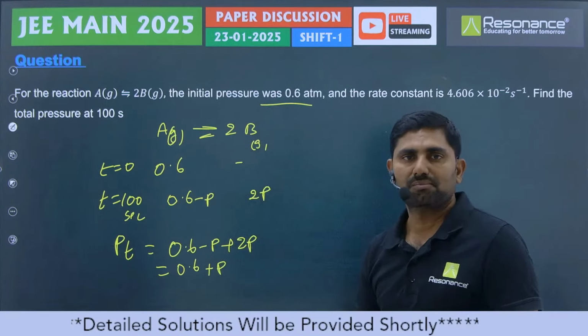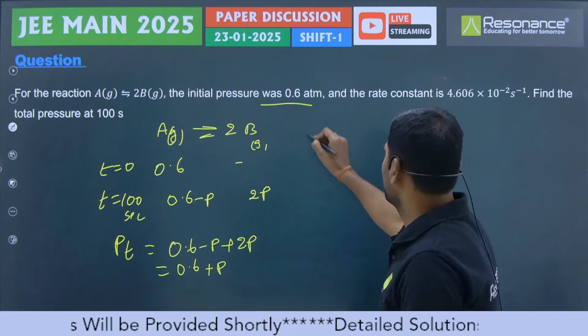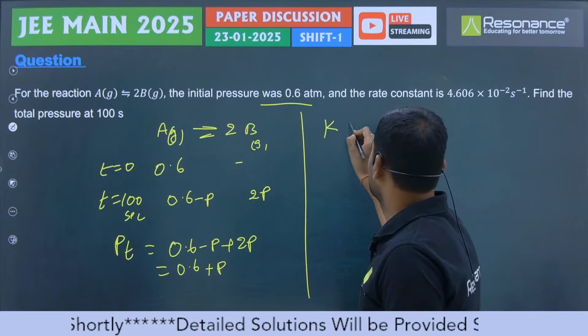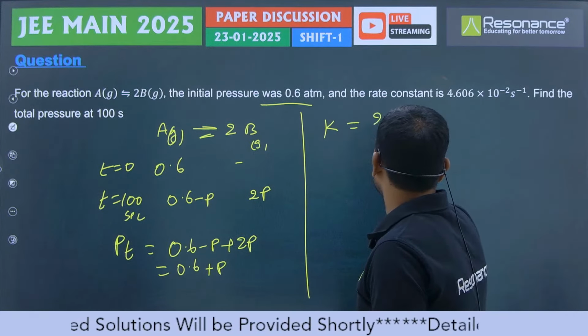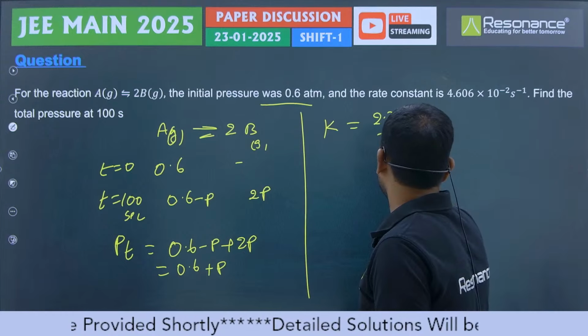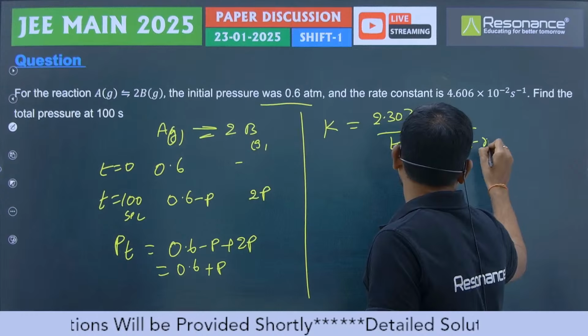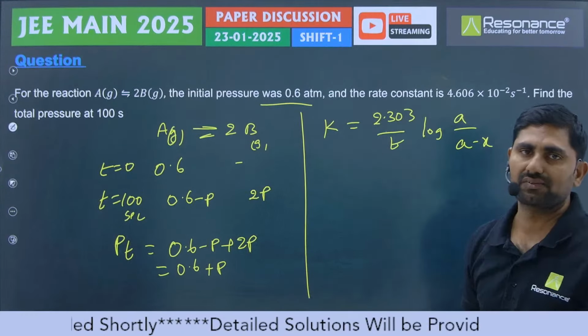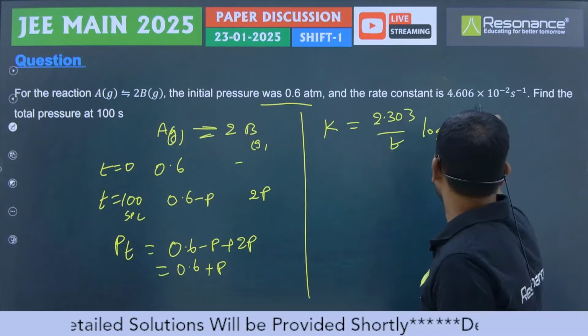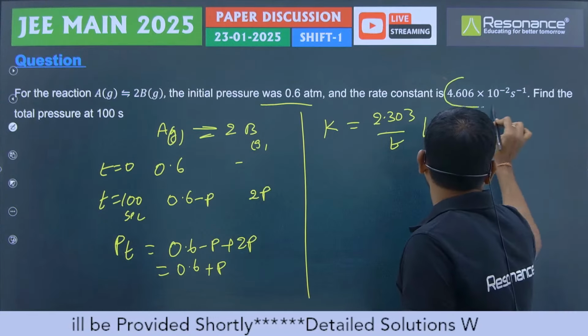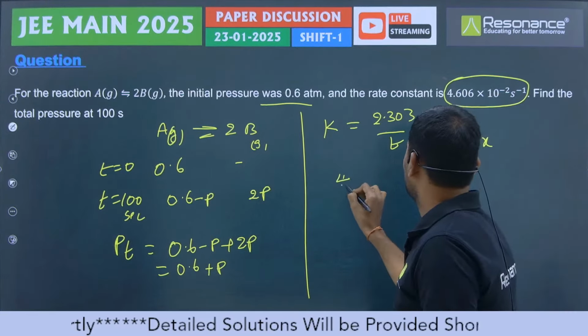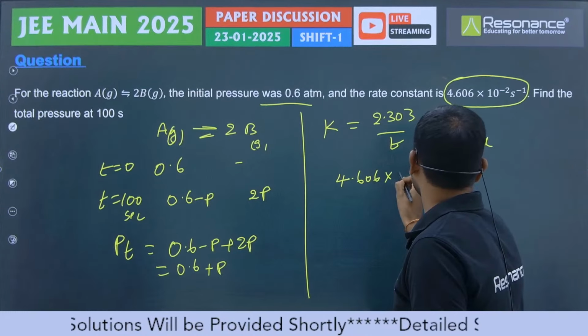By using the basic first order equation, rate constant K equals 2.303 by t log of a by a minus x. This is known to everyone, a direct equation. The K value given here is 4.606 into 10 power minus 2.